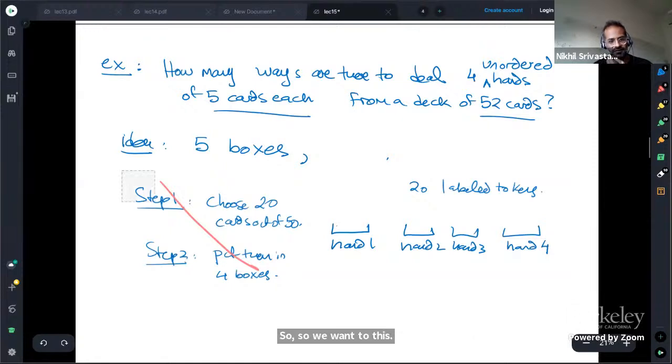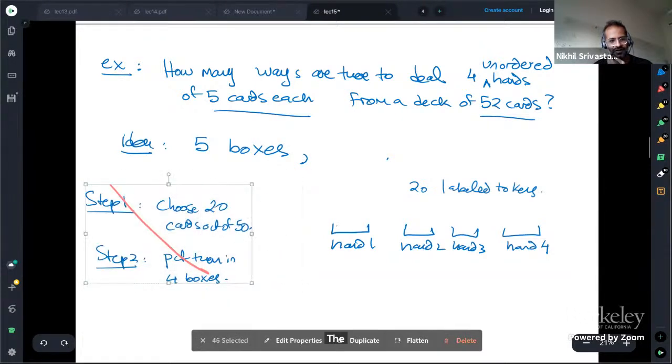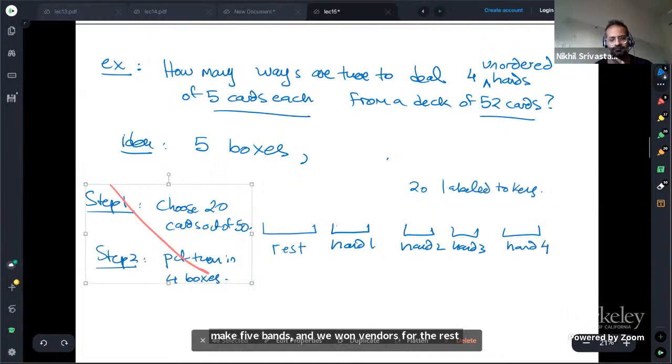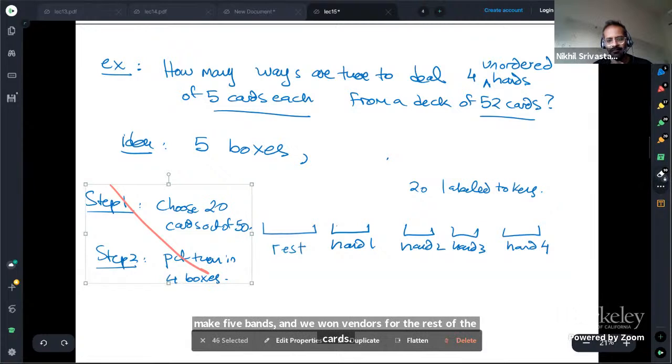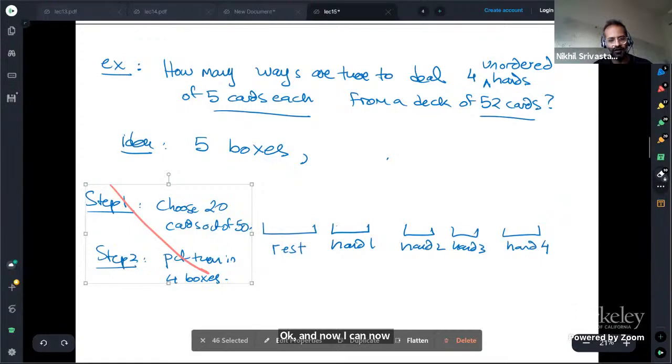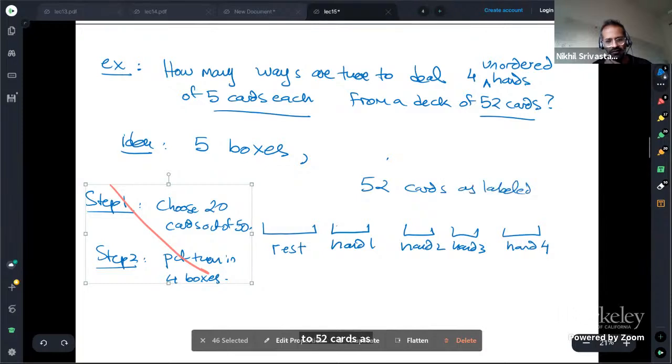The slicker way to do it is to say, I'm actually going to make 5 bins. I'm going to make 1 bin just for the rest of the cards. And now I can have all my 52 cards as labeled tokens.